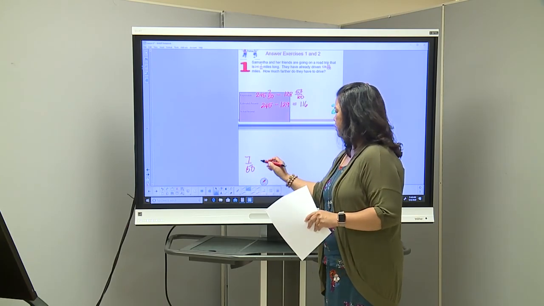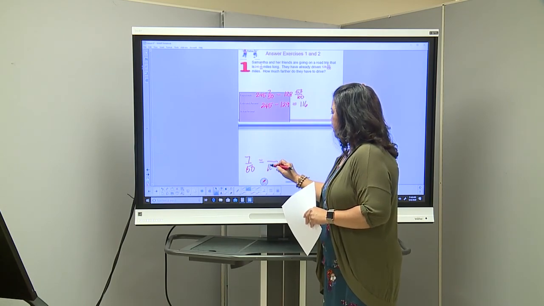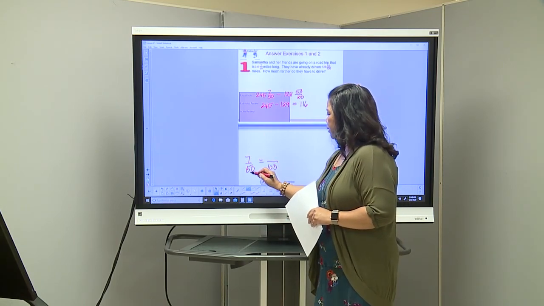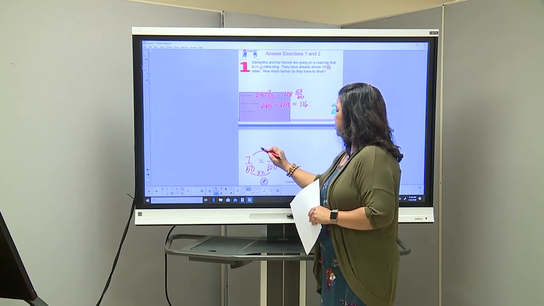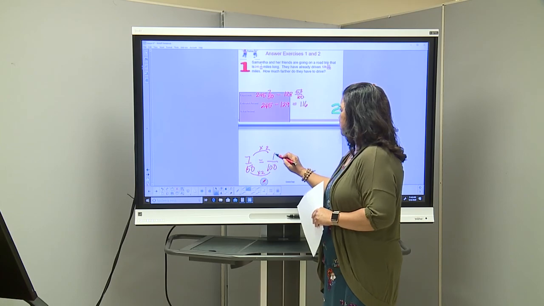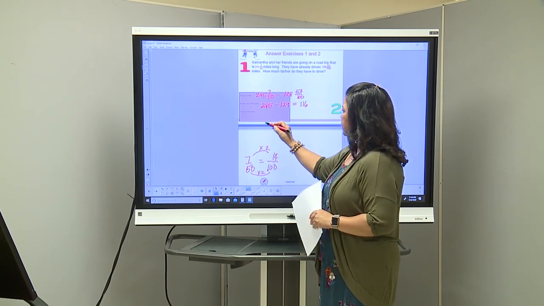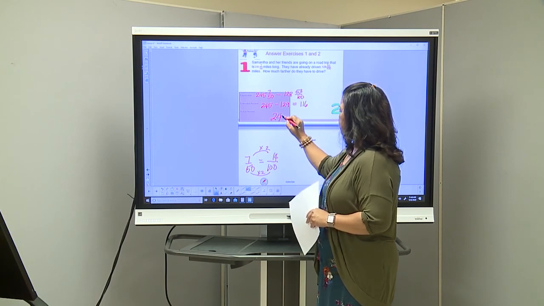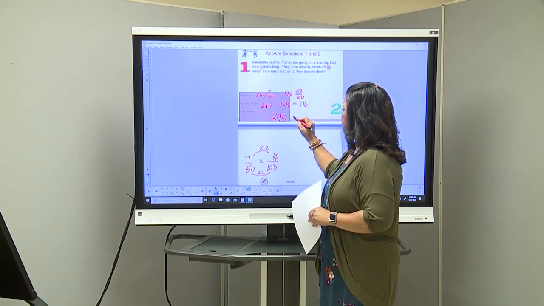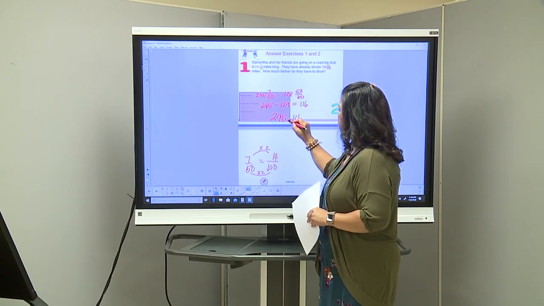Okay, 50 is very close to hundredths. What do I do to 50 to get to 100? Times 2. So 7 times 2 is 14. So when I write this as a decimal, that would be 245 and 14 hundredths.